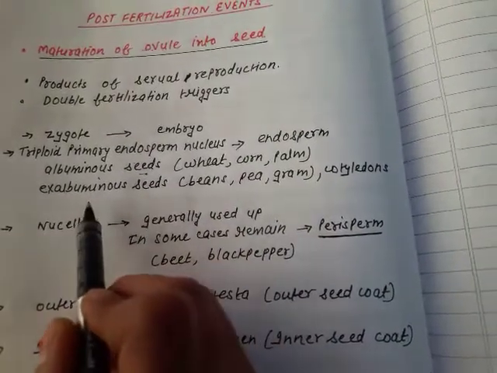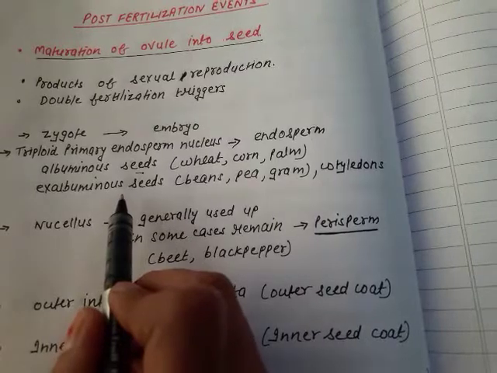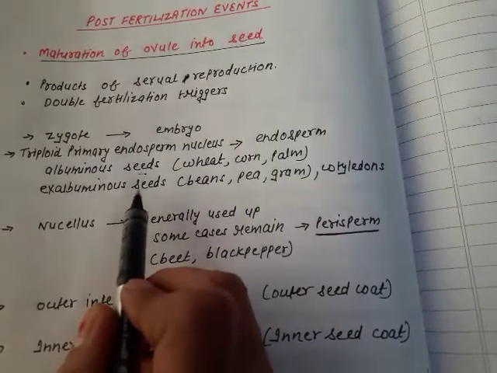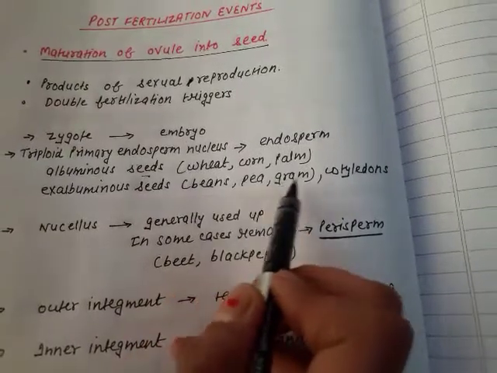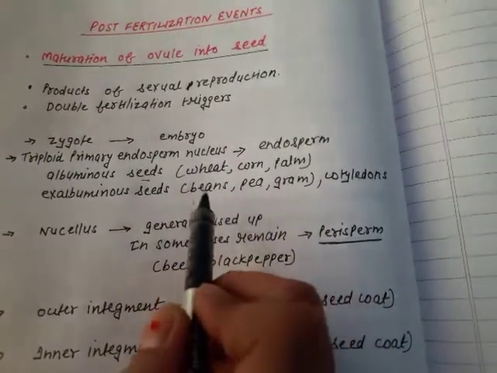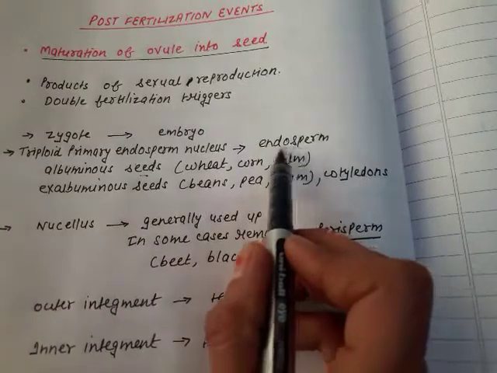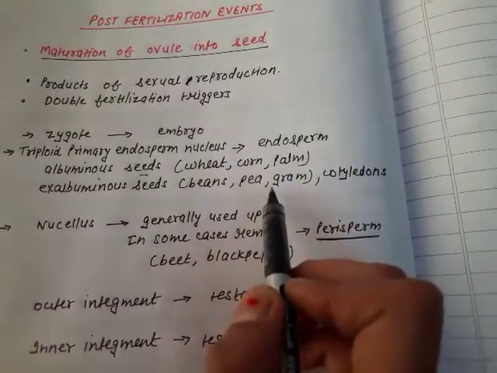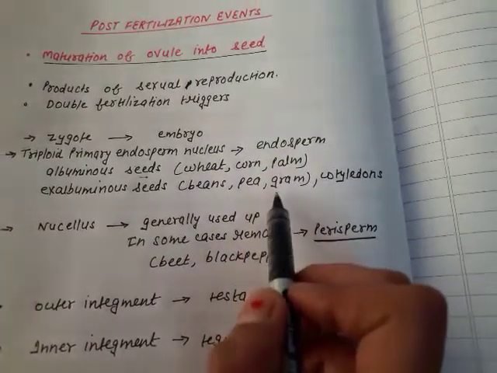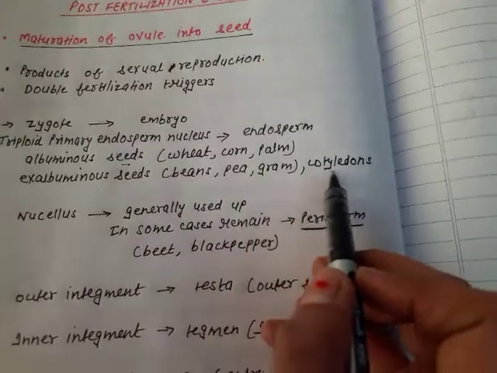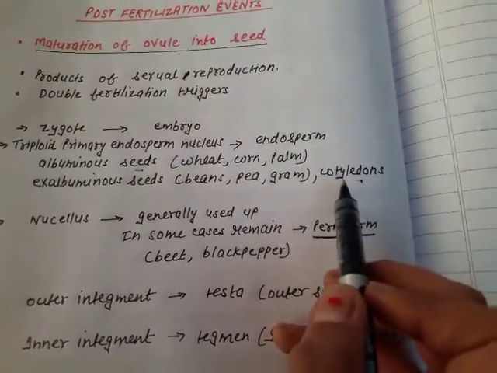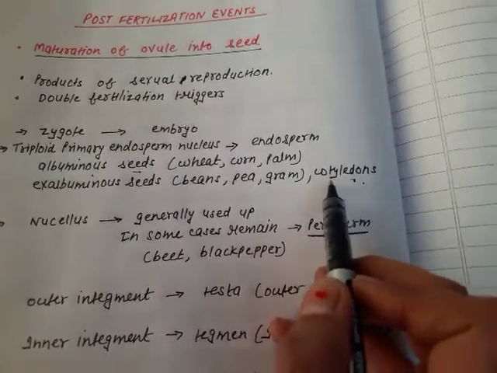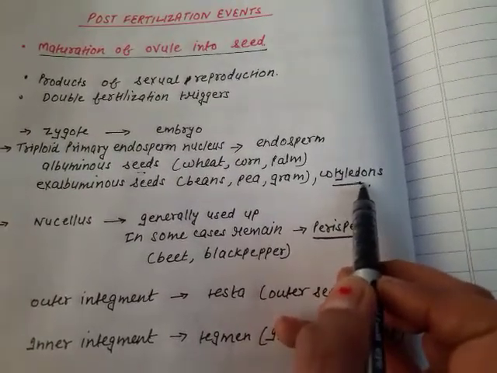Ex-albuminous seeds are those in which endosperm is used up, like in dicots. Dicots utilize the endosperm. Then from where will they get the nourishment after endosperm is consumed? From cotyledons, because we know that dicots contain two fleshy cotyledons containing abundant amount of food.